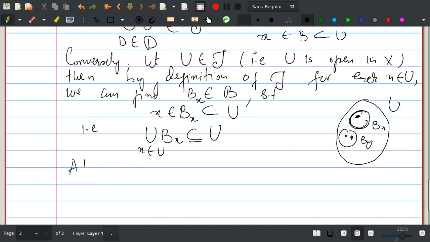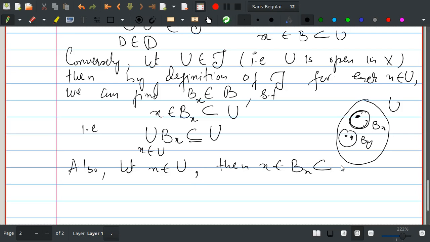So also let x be any element in U. We have to prove this x is actually in this union. So if x is in U, then by definition this x is in this basic set Bx, and this basic set is contained in the union of all basic sets. So we chose x to be an element of U, and we proved this x is an element here.